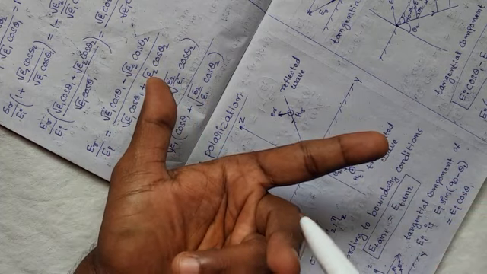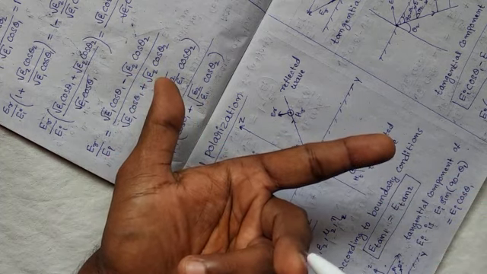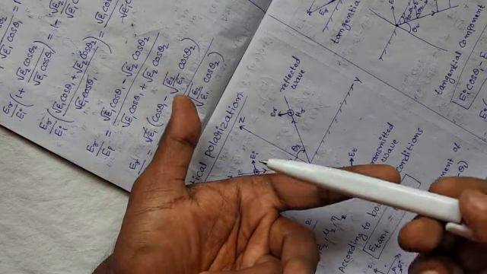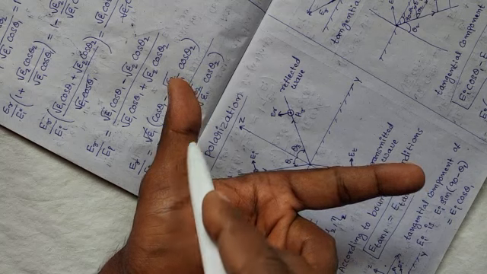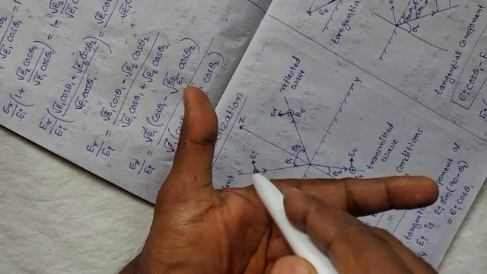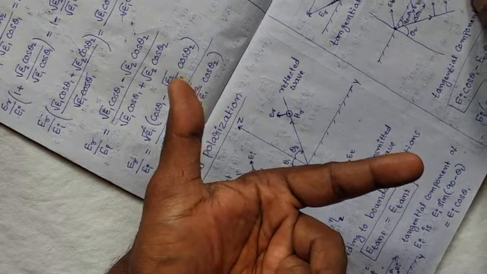The middle finger indicates the direction of the magnetic field, meaning the magnetic field is out of the page. The other finger indicates the direction of the electric field, like this. This is for the incident wave.